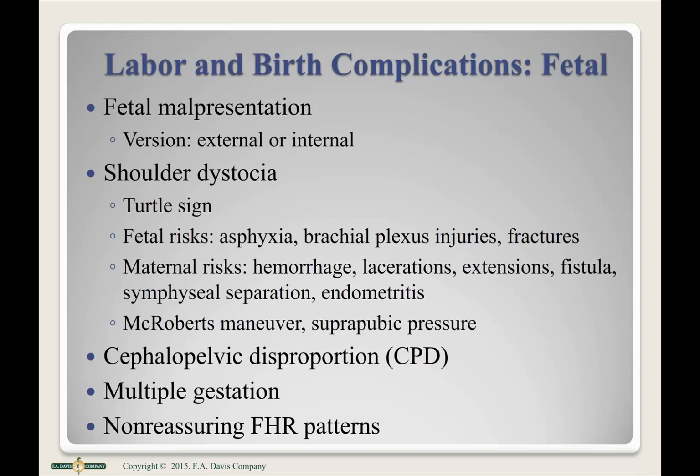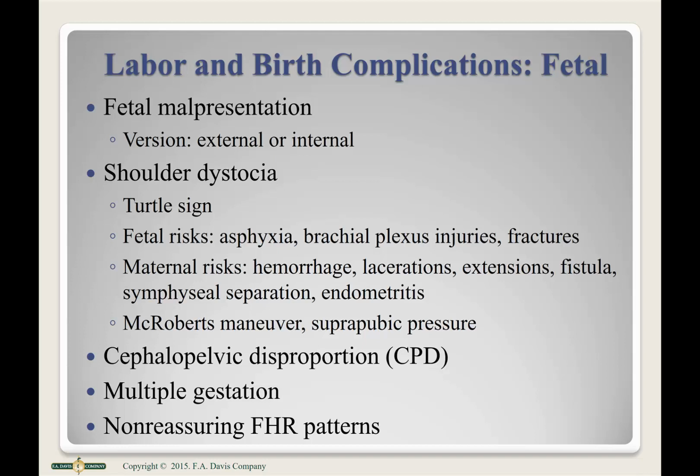Okay. All right. So some fetal complications, of course, we've already talked about fetal malpresentations. So your breech baby or your transverse baby, we can attempt to do a version, an external version. An external version is where from the outside of the body, they try to manipulate the woman's abdomen in such a way to turn the baby into the correct position.